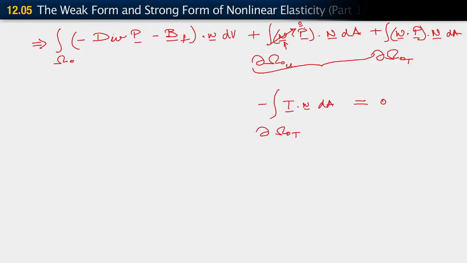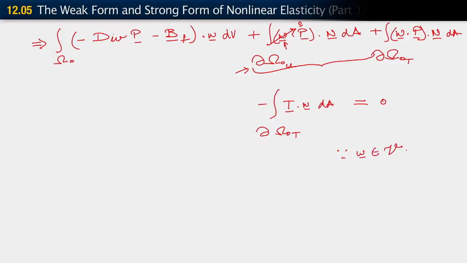So this very first integral over the displacement boundary drops out because W belongs to our space V.